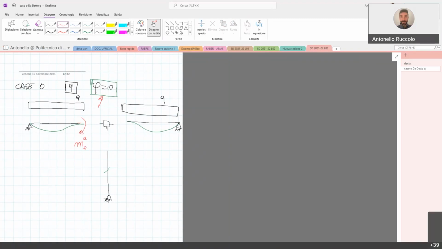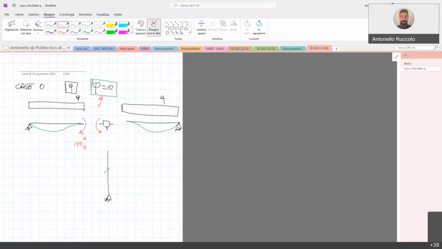So it means that the effect of the beam on the node will be equal and opposed. Do you agree? So we have to think what is the effect of this beam that deforms with this load on the node?